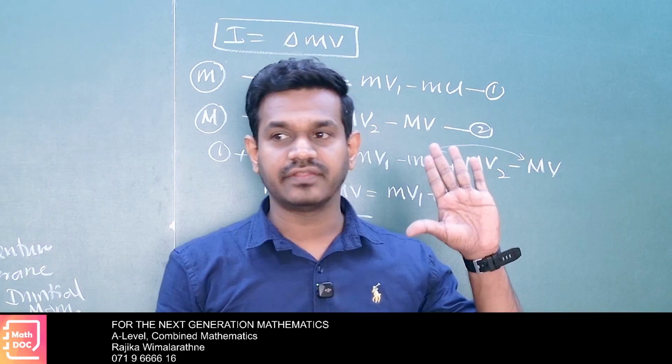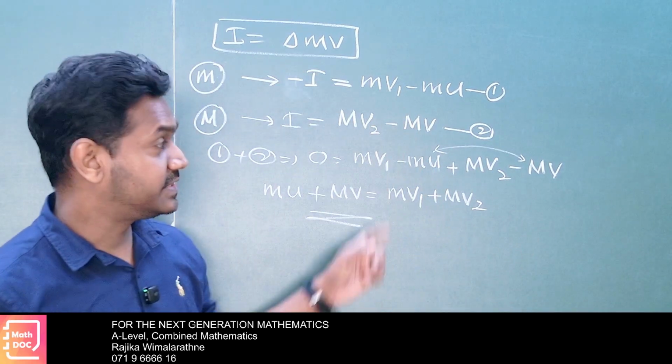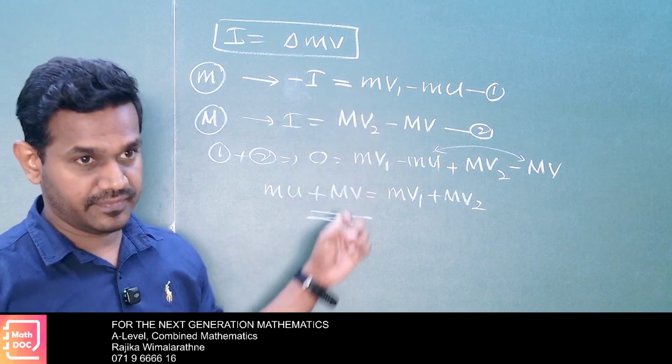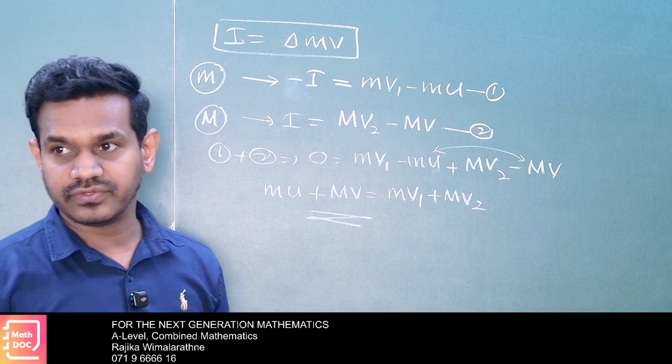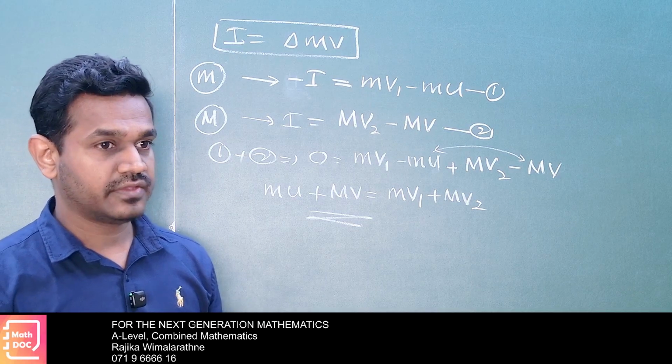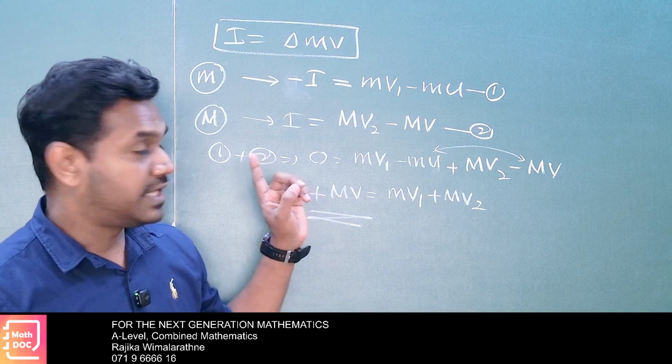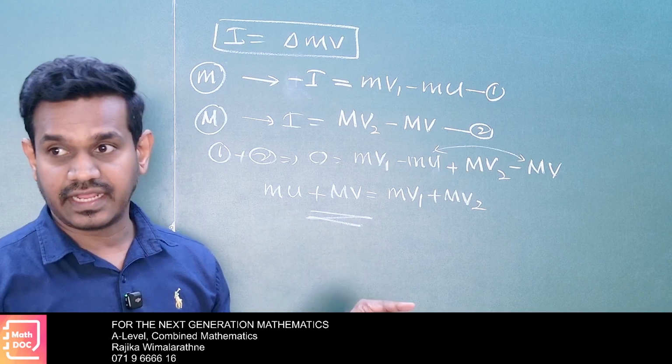Okay, you had better derive that one. You had better derive conservation of momentum by I equals delta mv. First you have to mark I. Then you have to put I equals delta mv in a certain direction.